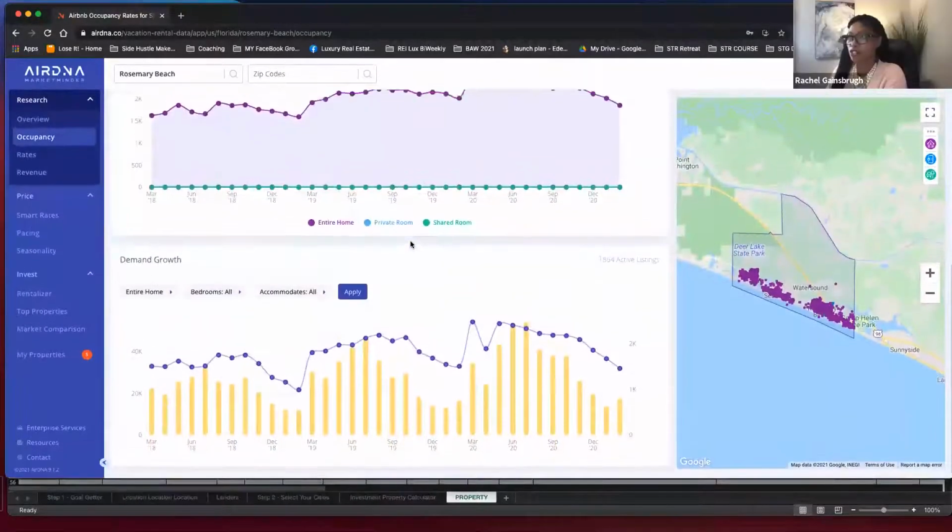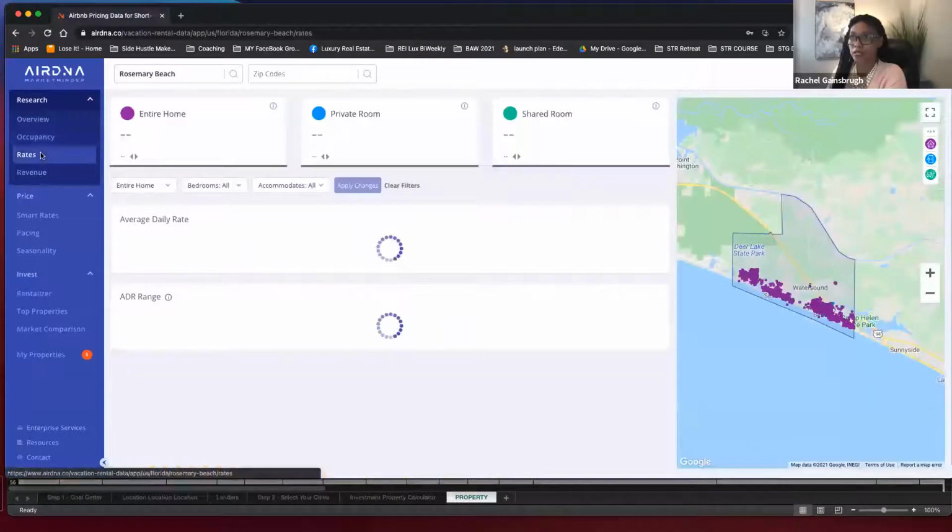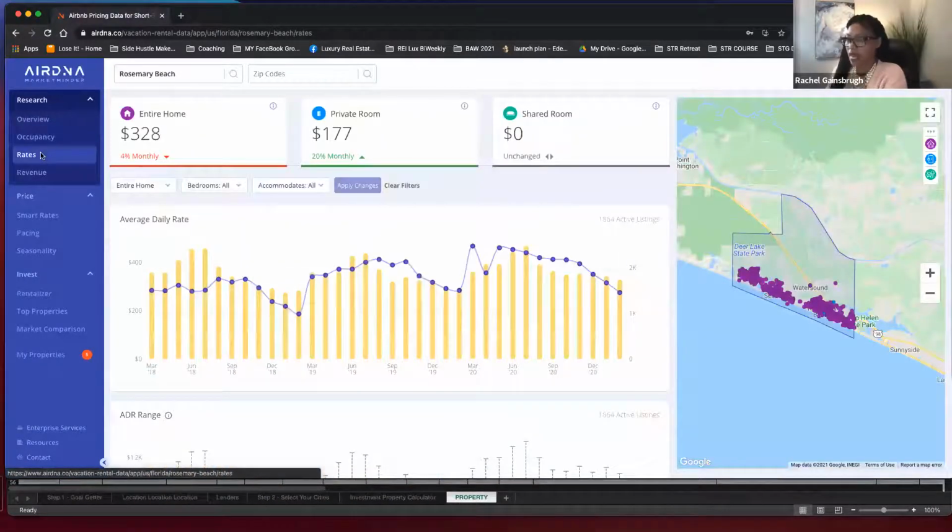Okay. And so we'll go into demand growth in a little bit, but I do want to jump into rates. Rate to me, guys, is really the most important. I really spend a lot of time in this section here in the average daily rate section. Again, this is looking at all the properties, whether it's a studio or 10 bedroom.